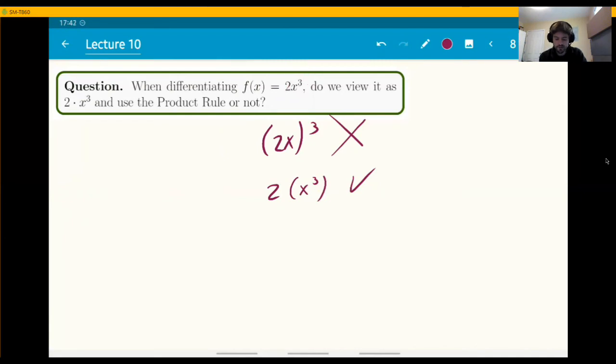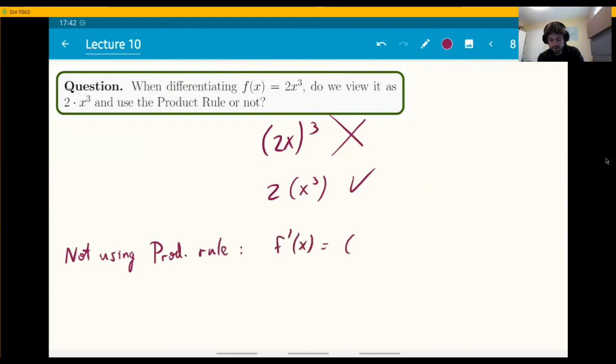All right, so we have this function. The question is, do we view it as 2 times x to the 3 and use the product rule or not? The answer is it doesn't matter. I'm gonna just show you. So not using product rule, we already know how to differentiate this expression.